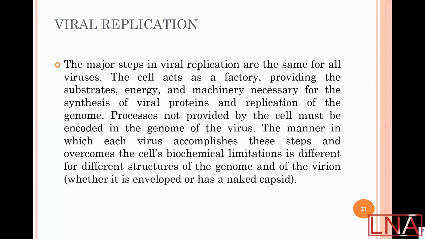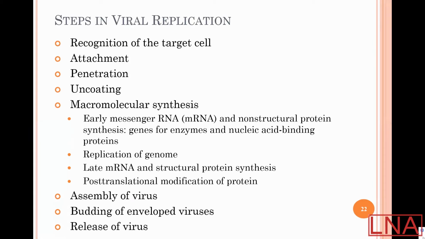So it will die anyway. The manner in which each virus accomplishes this step and overcomes the cell's biochemical limitations is different for different structures of the genome and of the virion. So we have several major steps.